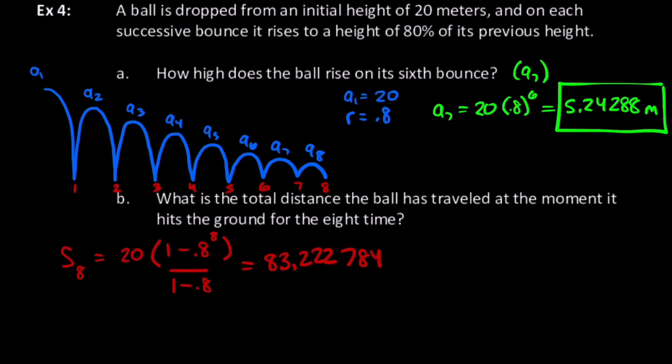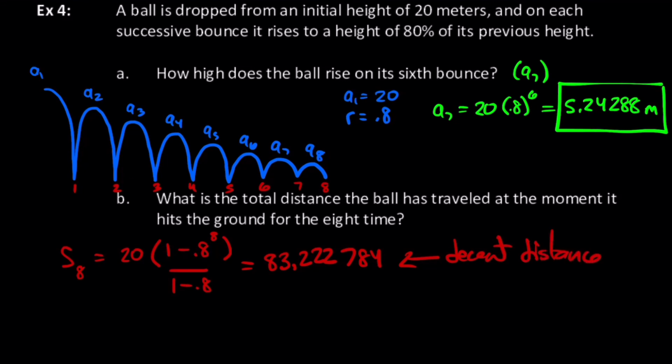But what does that really represent? That represents this height here for each one of these. Or it represents how far the ball went down. So that's the descent distance. That's that sum. Okay, just those. So that is the descent distance. So what else happened?